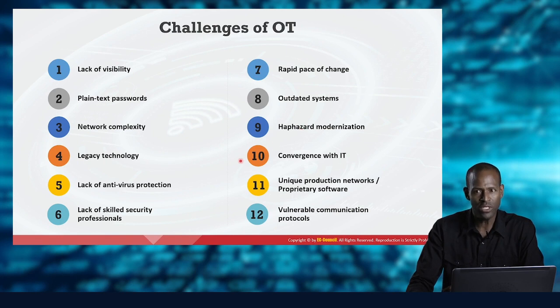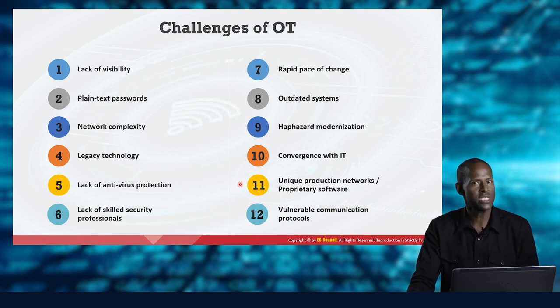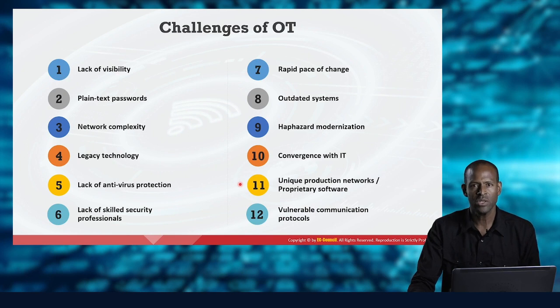And then we have a convergence that's happening with IT. And again, that kind of goes hand in hand with the haphazard modernization. And then we have unique production networks, proprietary software. So in this case, we are not working with Windows 10 or Ubuntu Linux. We are working with systems that have been written specifically for whatever purpose that they're doing.